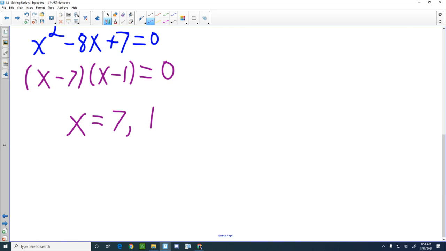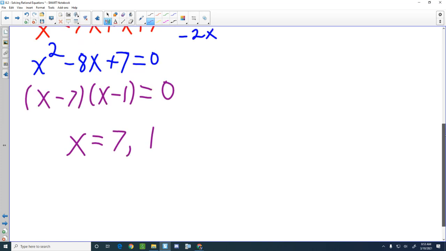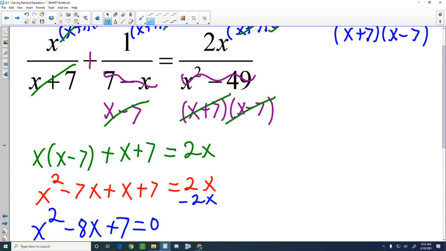And are either of those extraneous? Oh, yes, they are. Sorry. How can we tell if they're extraneous or not? Look back at those denominators. If you plugged a 1 or a 7 into any of these original denominators, would you get a 0?